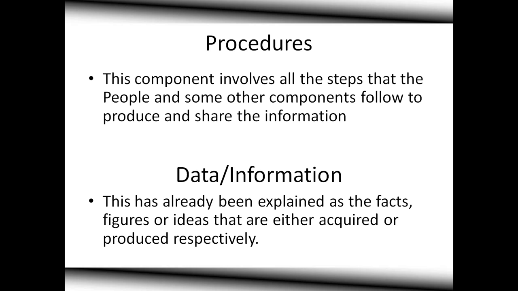Now, data plays a critical part of the information system because you require the data. The person will need the data, then information has to be produced out of the data. Okay, then we will use the data. So can we say it is the lifeline of the entire information system?